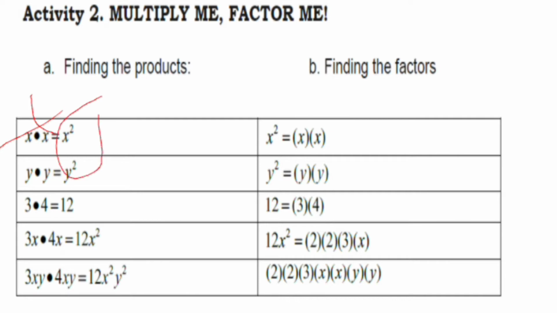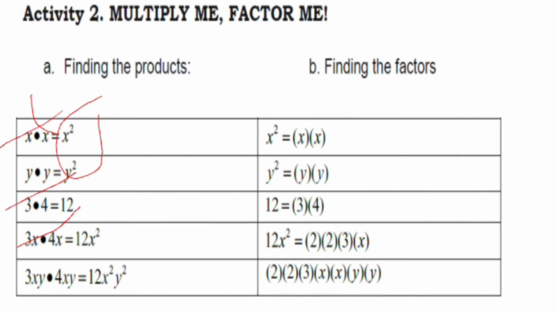Then y times y equals y squared. 3 times 4, we have 12. So 3 and 4 are factors of 12. The other one, we have 3x times 4x, we have 12x squared.